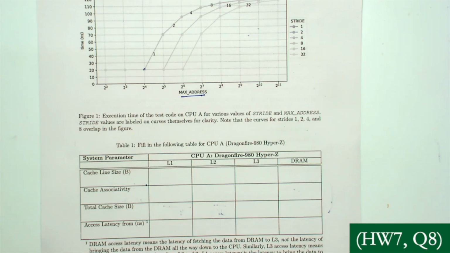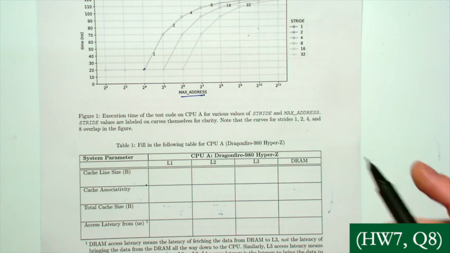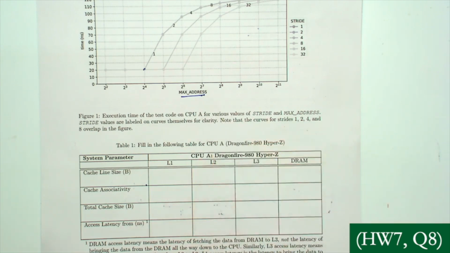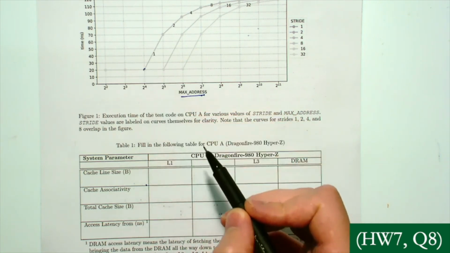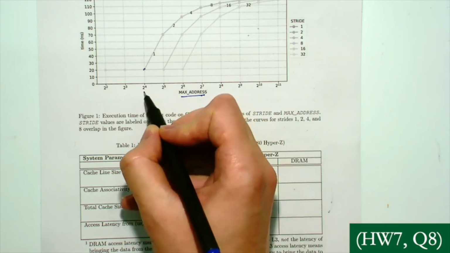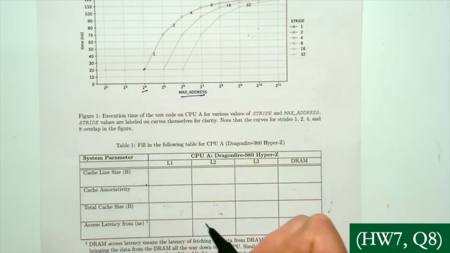So when the stride is 1, you basically can access every cache block in the max address region, right? So you have that ability to touch every single cache line because you are just randomly selecting the address. So this stride of 1 is interesting to look at here. Basically, until we reach this point, after running the program long enough, we cache all the data successfully and only access the L1 cache.